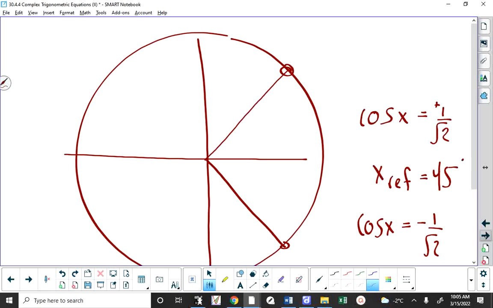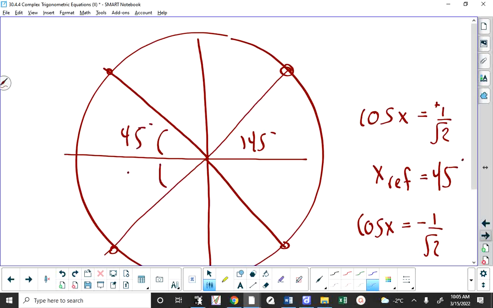But you would say that that is in quadrant 3 and 2. So it would be these two locations. And if this is 45 degrees, and this is 45 degrees, and this is 45 degrees, and this is 45 degrees, you can come up with the rotation angles.